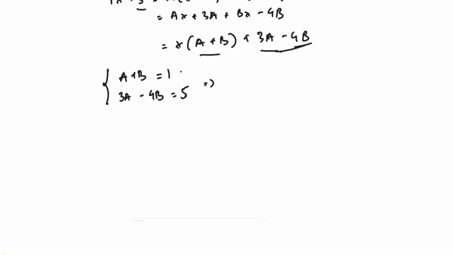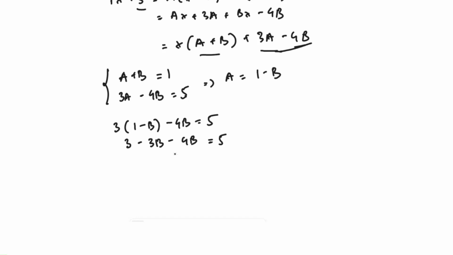So from here we have A equals 1 minus B. We substitute it back into the second equation, so we have 3 times 1 minus B, minus 4B, equals 5, right? So this is 3 minus 3B minus 4B equals 5. So that is 3 minus 5 equals 7B, right?